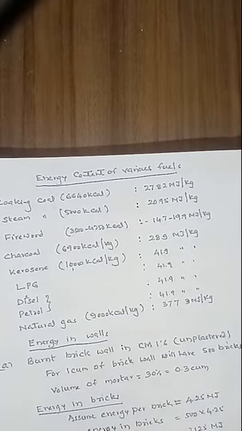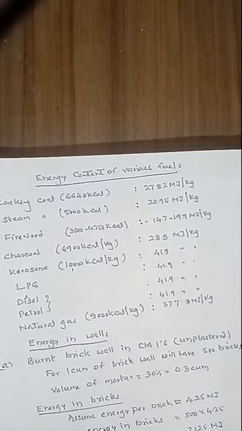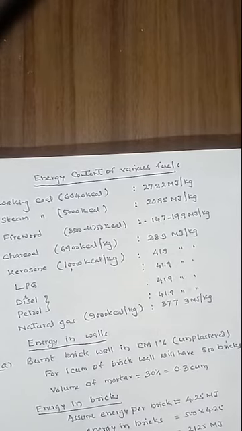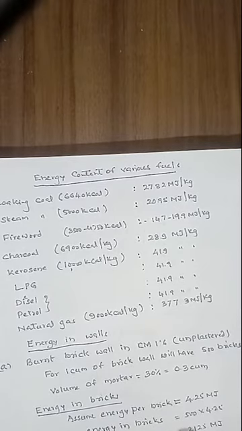As per the given condition, that is 1:6 mortar, for 1 cubic meter of 1:6 cement mortar the energy required is 1296 million joule.